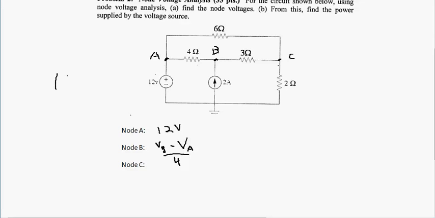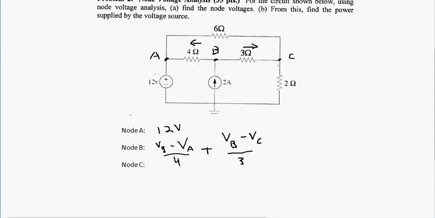That's the current going out of node B, plus VB minus VC over 3, which is the current going out from node B to node C. Those are currents out, but we have a current in from the current source.